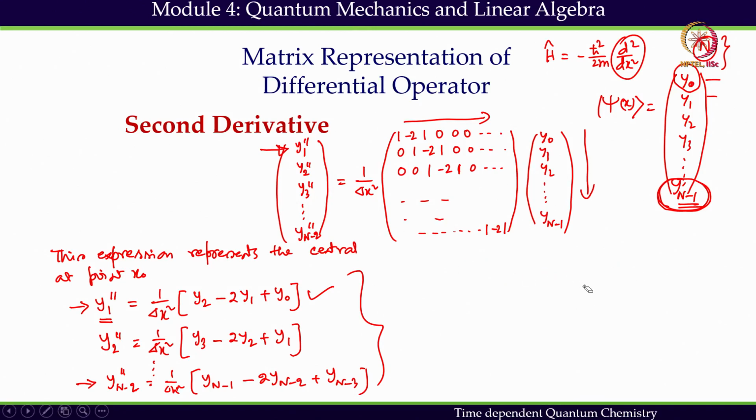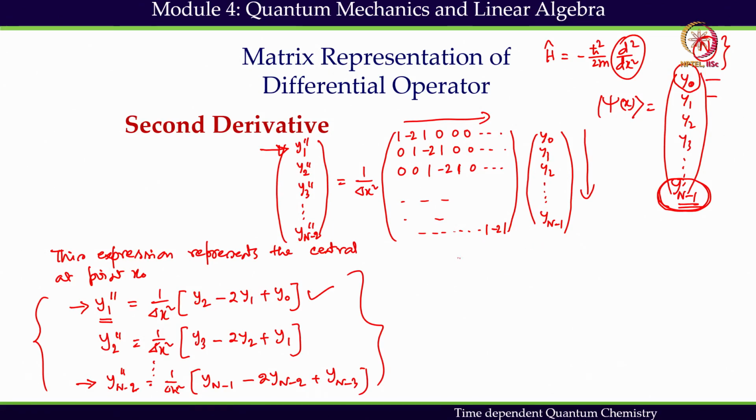So, this entire set of equations one can represent in this matrix form. The moment I represent it in the matrix form, what I get immediately is the matrix representation of the derivative operator.